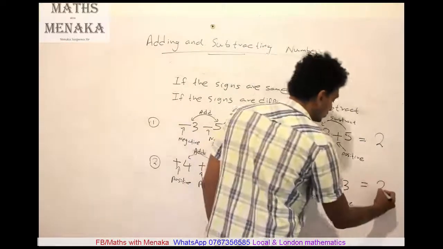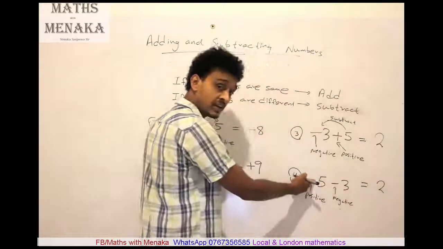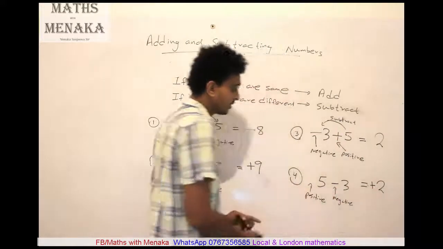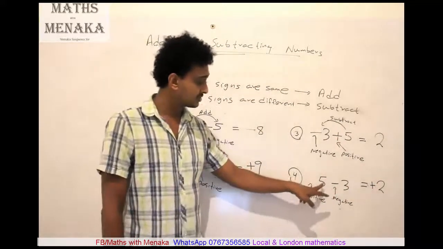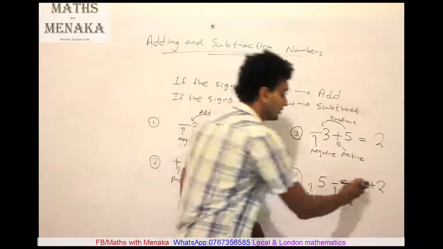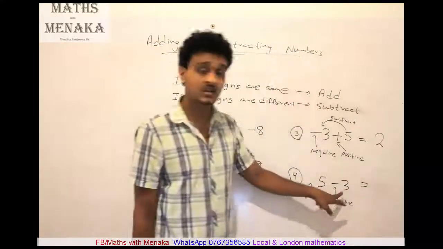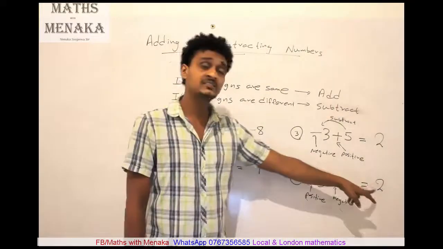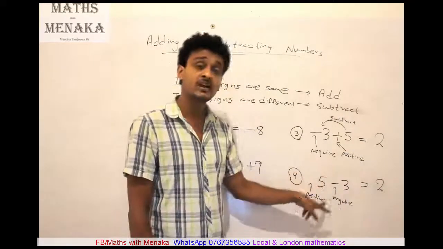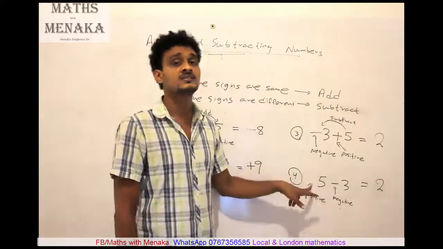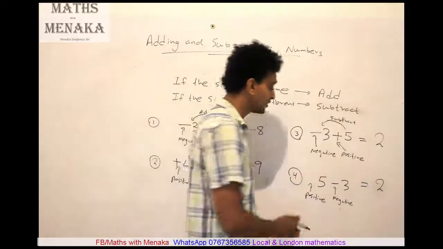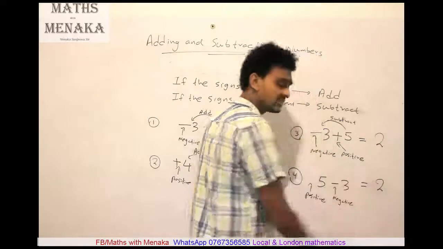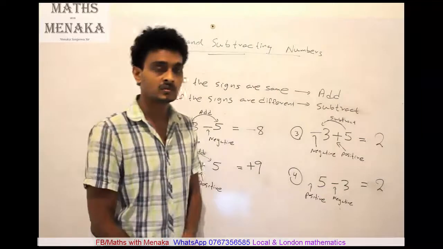The answer is 2. The bigger one is 5. Its sign is positive. The answer is positive 2. We don't want to write the positive sign here. The answer is 2. Okay.